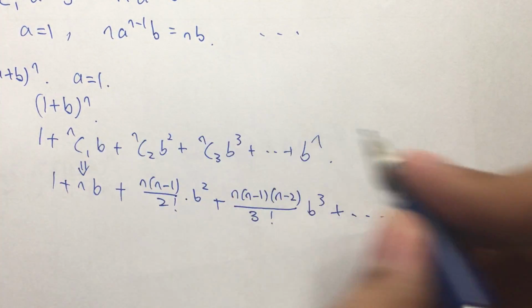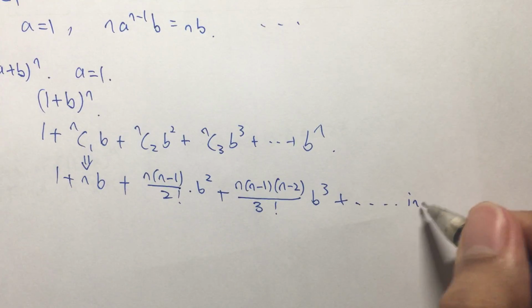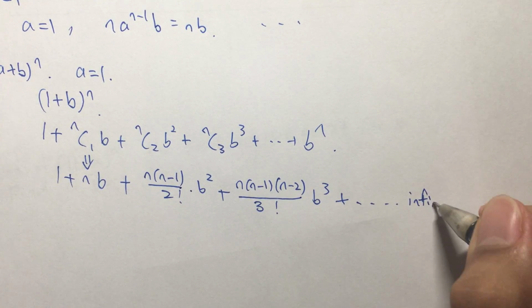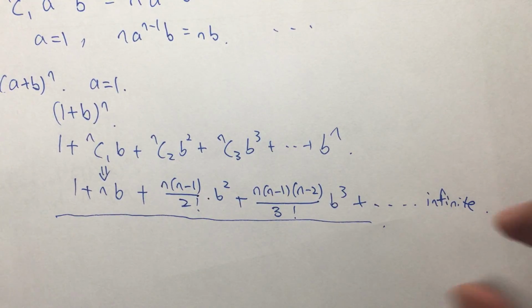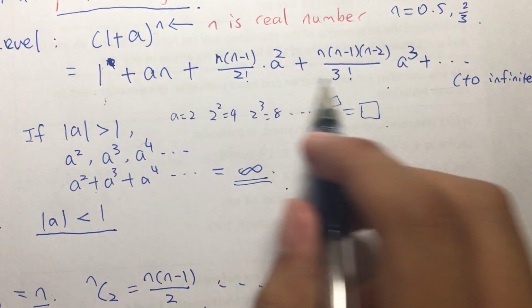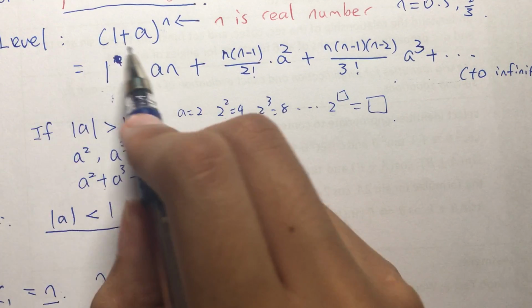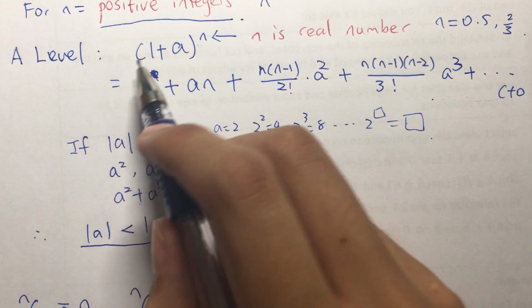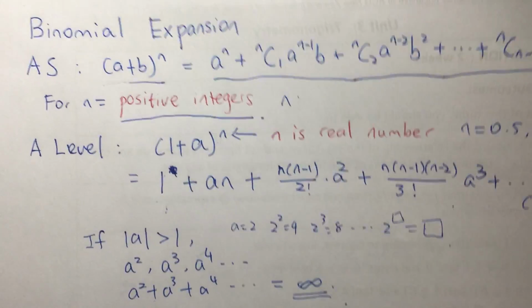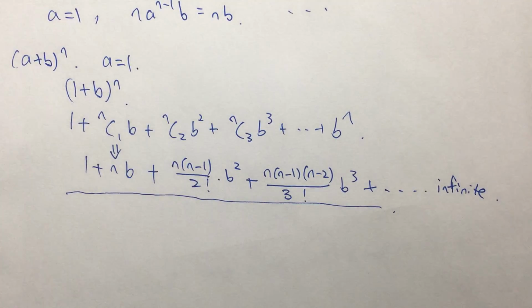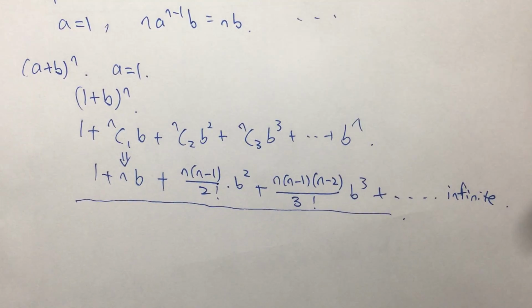However, if n is a fraction, then we don't have the last term, so it goes to infinity. Now let's look at this equation again. It is the same as this equation. So the equation we are learning this year actually comes from the equation we learned last year. That is how you memorize this equation.